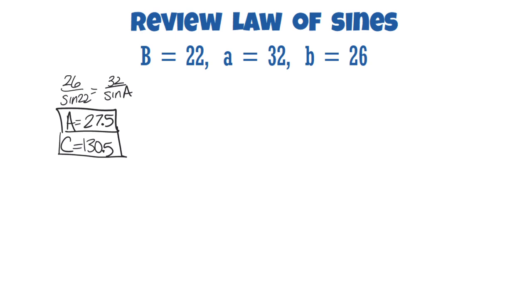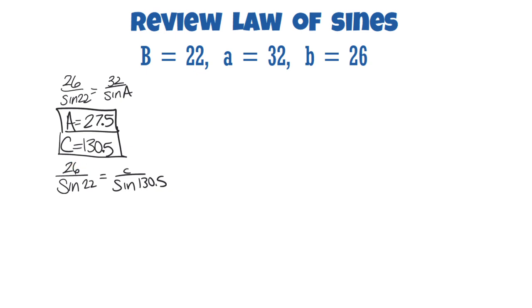Now that I have angle C, I could go find little c. I always go back to what was given, so I'm going to go back to my b's here to set up my law of sines. So I'm going to do 26 over the sine of 22 equals little c over the sine of 130.5. And then back to my calculator. I cross multiply the two parts that I know everything.